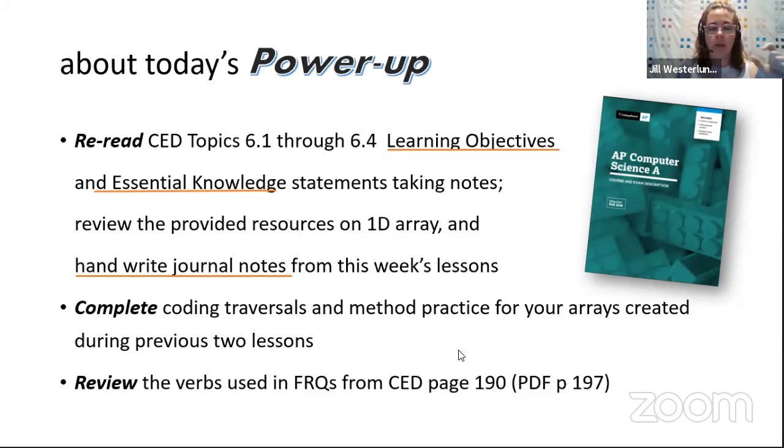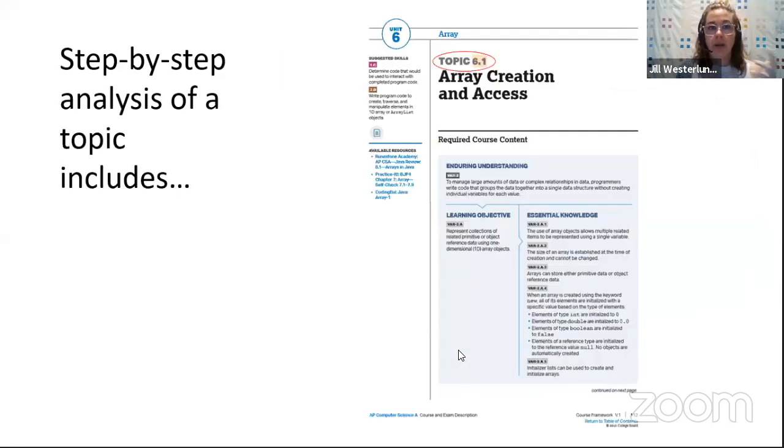Y'all know how to do that in the top right corner. And go to page 197, and that's that little block of the verbs for free response questions. I want you to write those down because you do need to pay attention to what you're supposed to assume, what you're supposed to implement. I forgot what the third, I think there's 4 of them. So you don't have to commit them to memory because you're taking Open Notes tests.